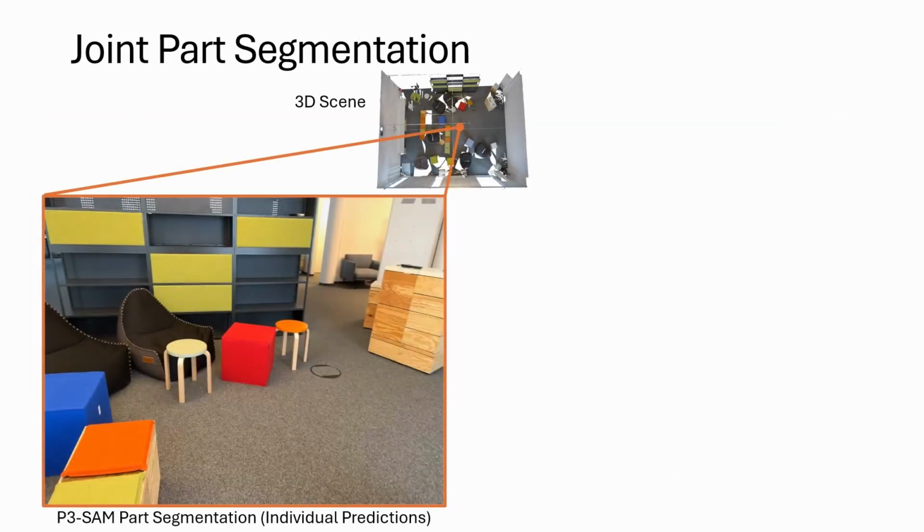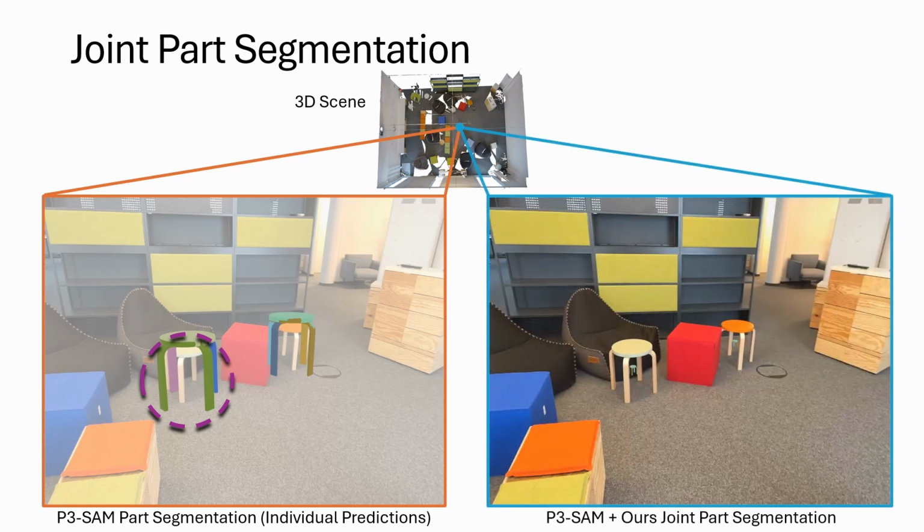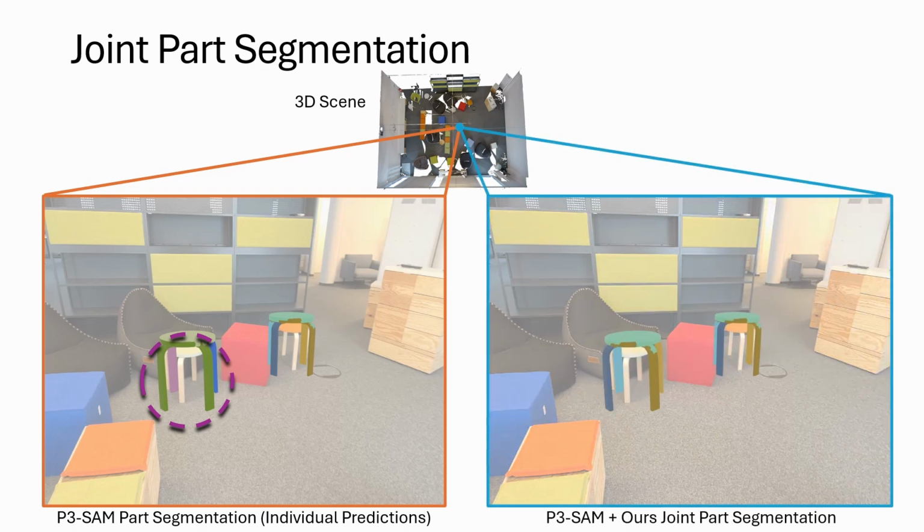We also demonstrate the use of similar pairs of objects for joint part segmentation using P3SAM. While P3SAM produces fine-grained part segmentation of 3D objects, it may undersegment some objects. We use similar object pairs with shared structure to produce consistent part segmentation.